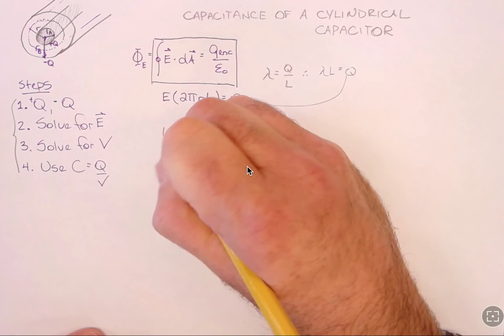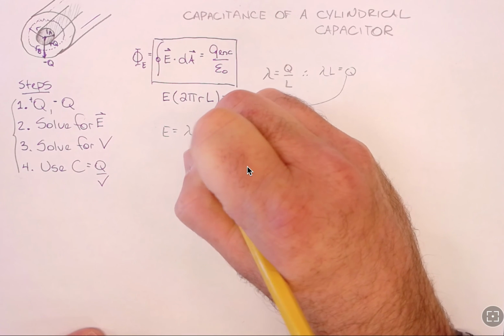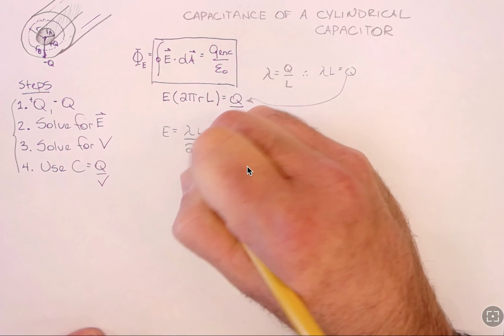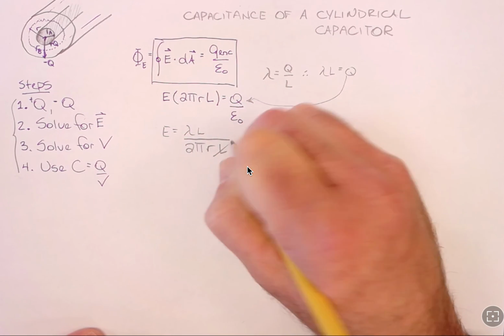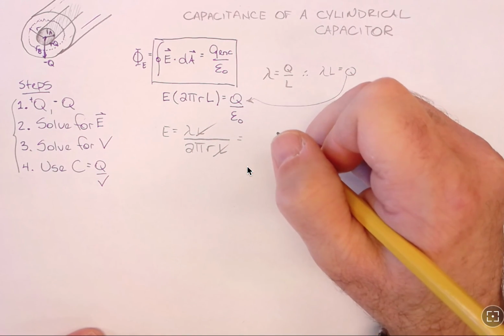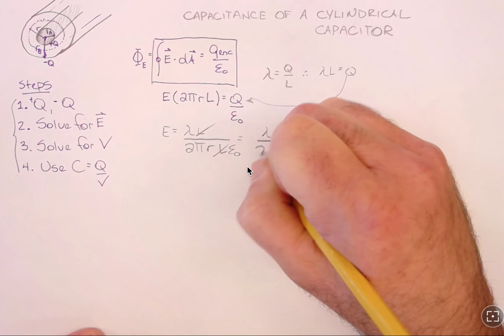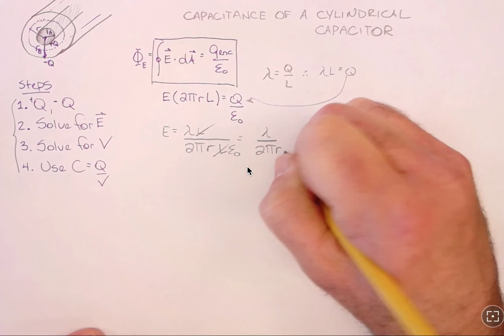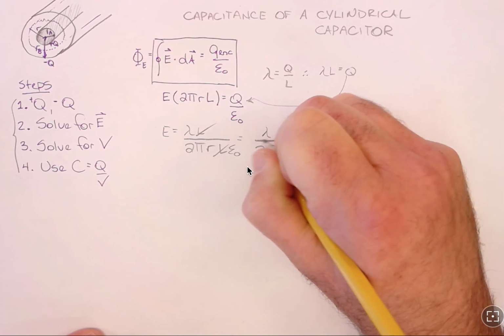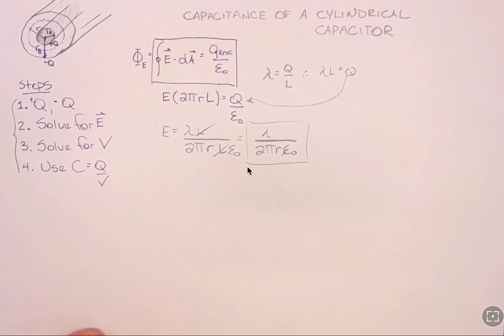Let's go ahead and solve this for E. This becomes lambda times L over 2 pi r L. We can see the L drops out here, and I'm left with, oh, I forgot my epsilon naught. I'm left with lambda over 2 pi r epsilon naught. So this is my expression for the electric field inside the cylindrical capacitor.